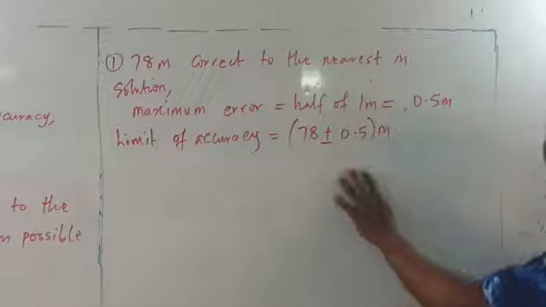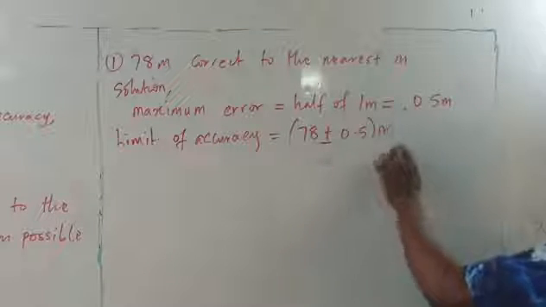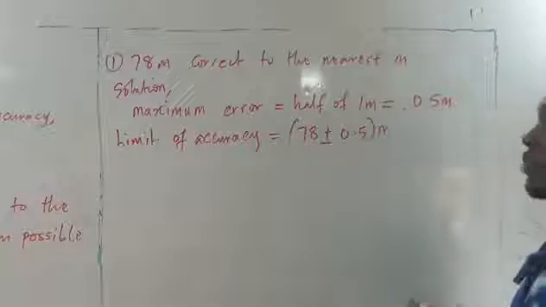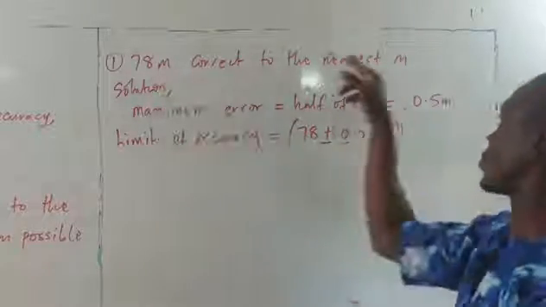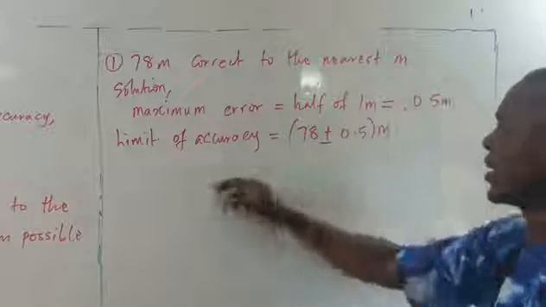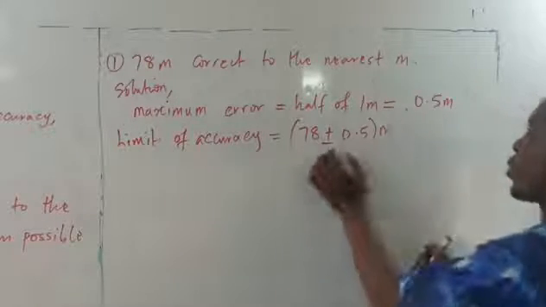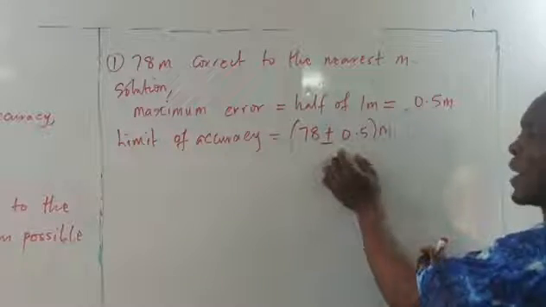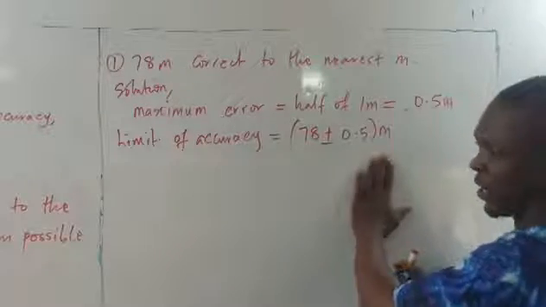Either we have the lower or the upper. So this is the limit of accuracy: 78 plus or minus 0.5 meters, because the maximum error we can get when we are correcting 78 meters to 1 meter is 0.5 meters, whether below or above.